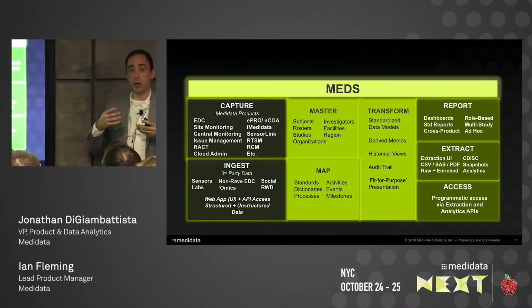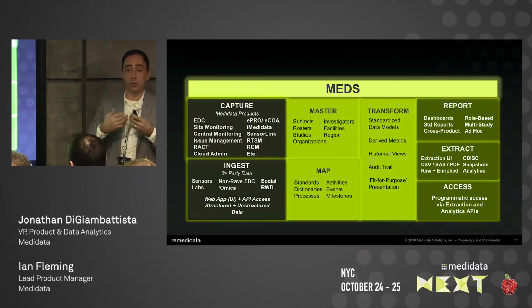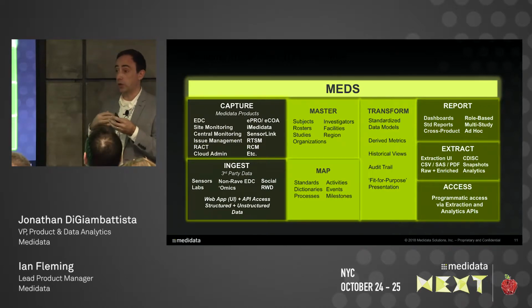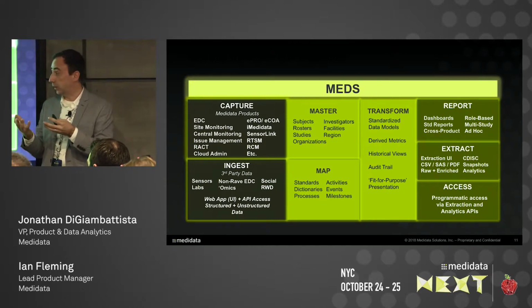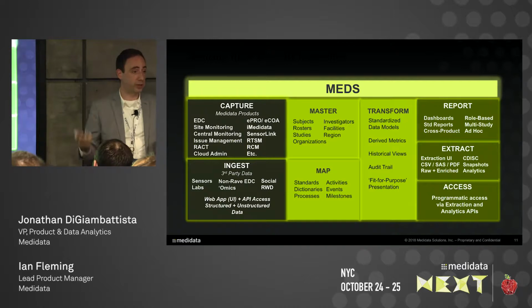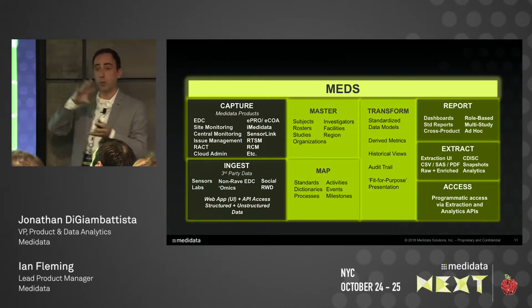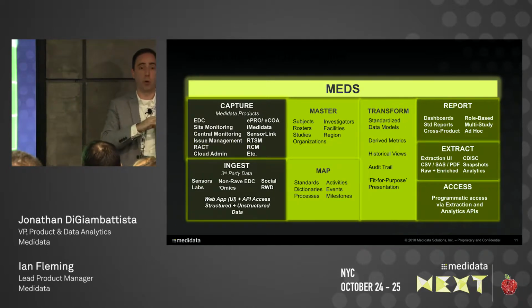So here we're talking about transforming the data into SDTM formats, giving you the tools to have that good ability to work with it to create other analysis data sets, derive metrics, get your historical views, do the complete data lineage because you have full traceability of everything and you can go from one representation of the data to another representation of the data, which is so important in any data management workflow.